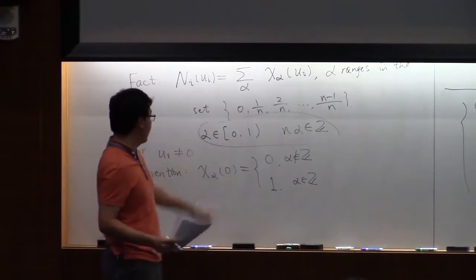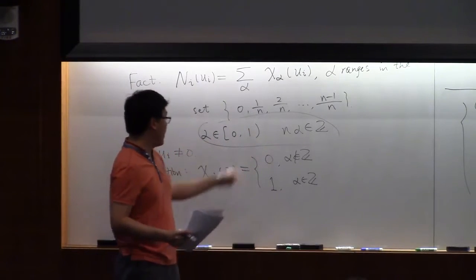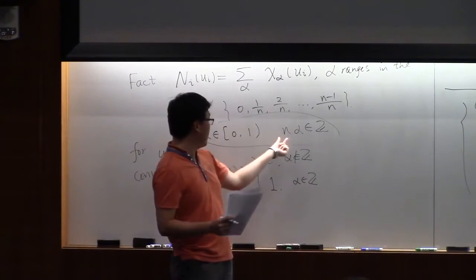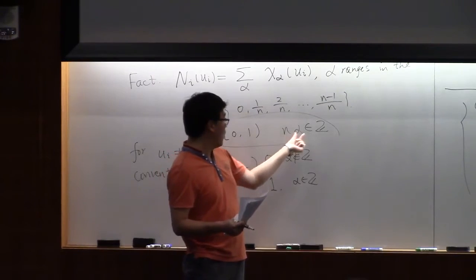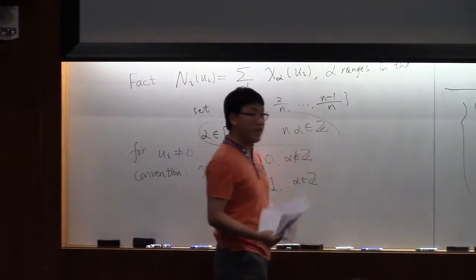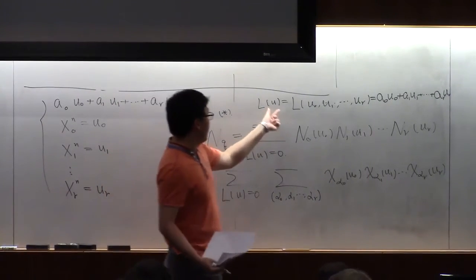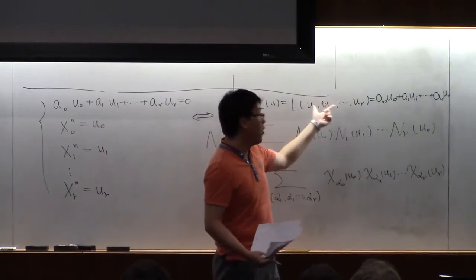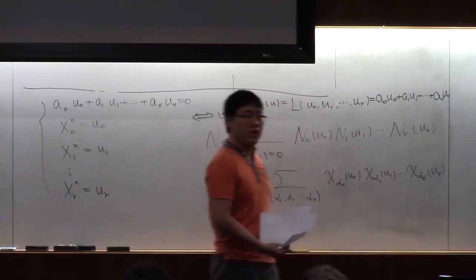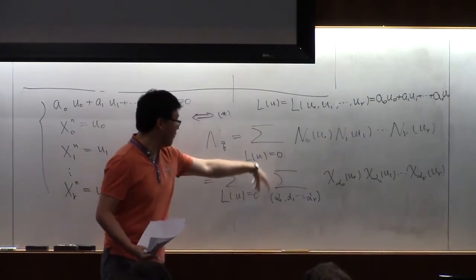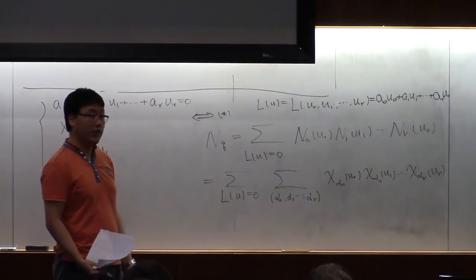All the alpha i's are between 0 and 1, and if you multiply the integer n to each of these alpha i, you get an integer. So this is the range, this r plus 1 tuple. Here u ranges over all the r plus 1 tuples such that this linear function is 0. So this is the range of the sum.